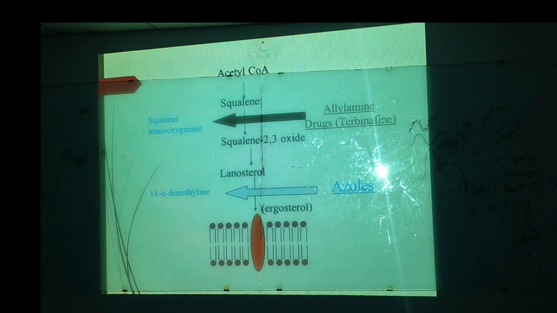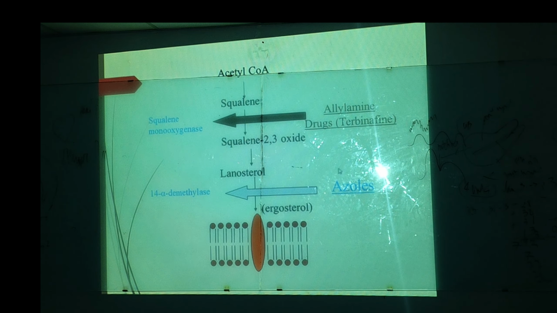So this is the series of events in the formation of your ergosterol, which is an important component of the cell membrane of fungi. Acetyl-CoA is converted to squalene. The conversion of squalene to lanosterol is catalyzed by the enzyme squalene monooxygenase, and this is being blocked by your allylamines, like your terbinafine.